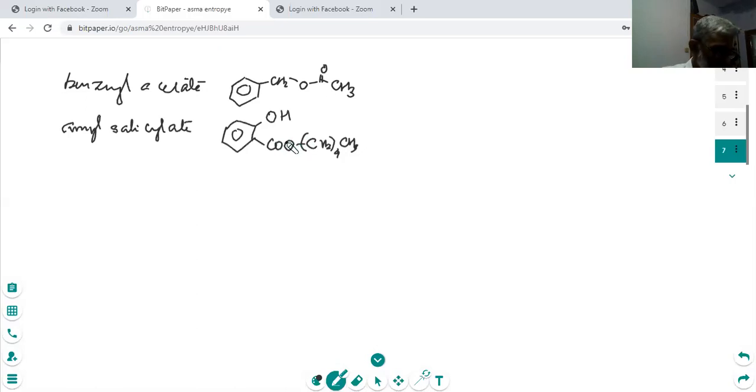Similarly, cyclohexyl acetate, ortho-T-butyl cyclohexyl acetate, that also I mentioned yesterday.